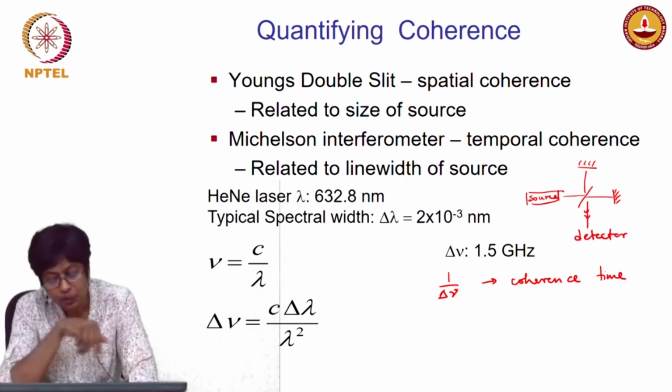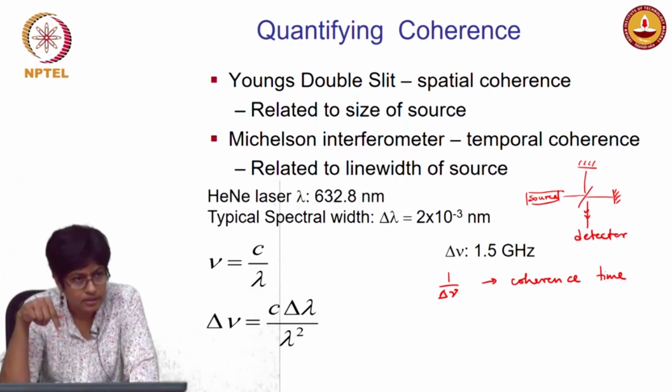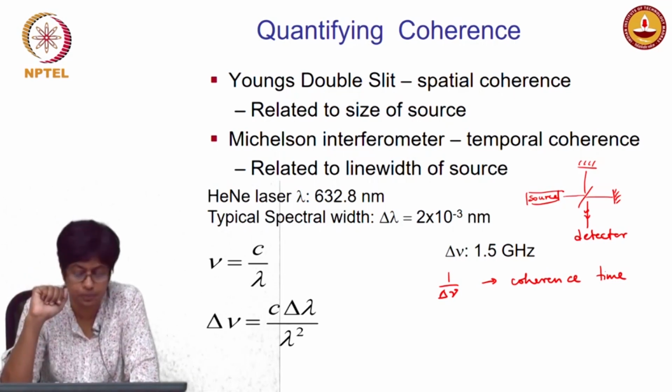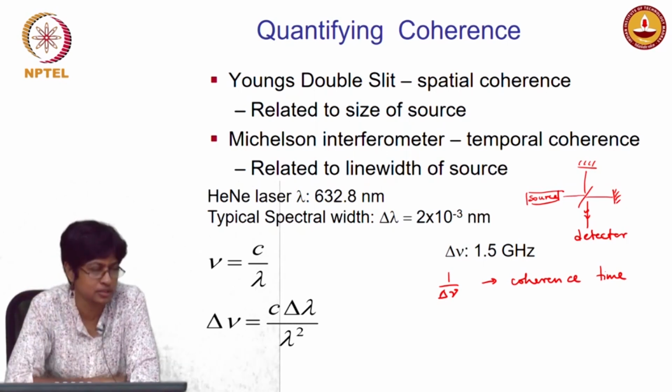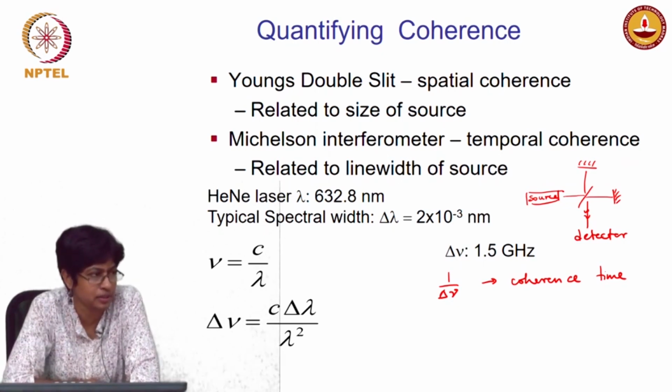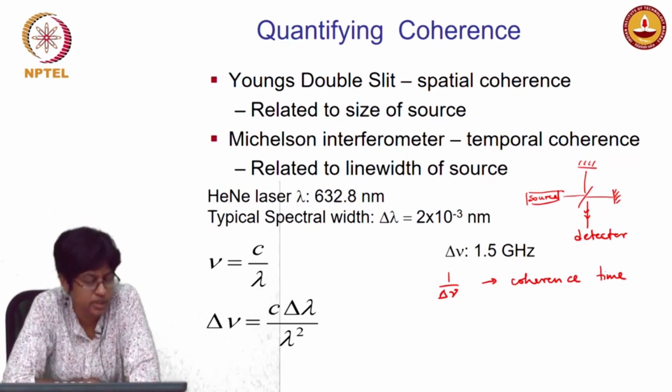How would you relate this coherence time concept to be used in this interferometer? Where does time play a role in this interferometer? I said we use a Michelson to study temporal coherence.